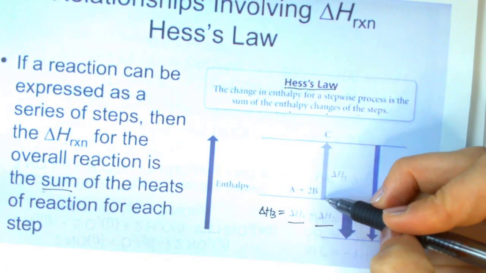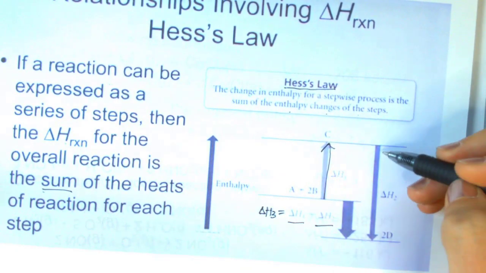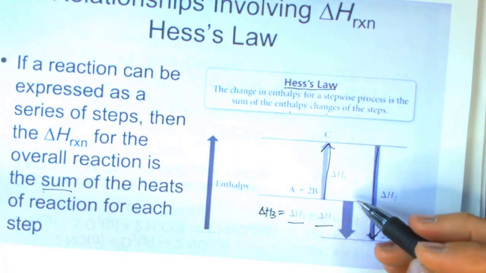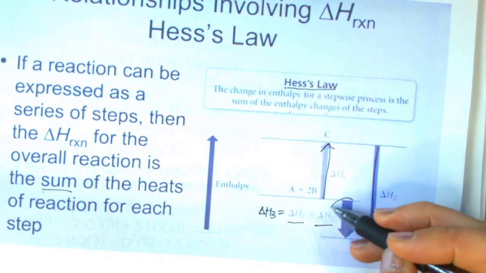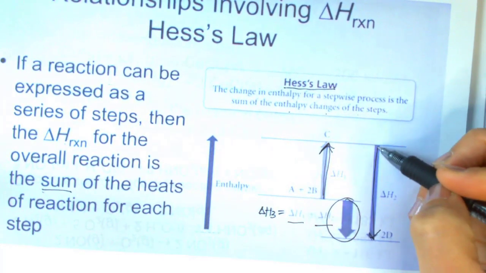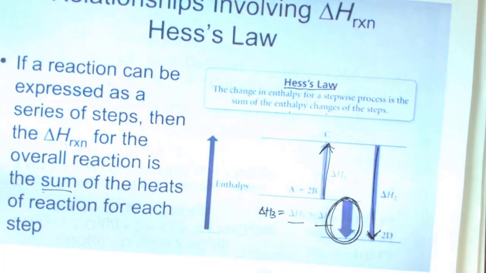Let's say that first this reaction happens, second this reaction happens. So my delta H3 is taking delta H1 plus delta H2 to get my overall delta H of the reaction.